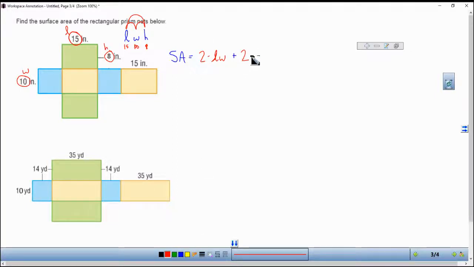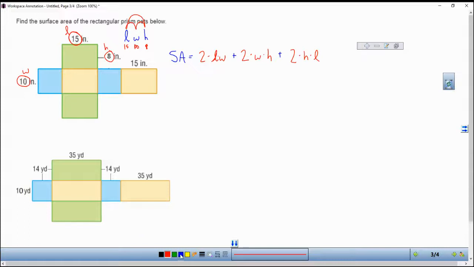We have 2 of those as well. 2 times W times H. Plus, what's the last bump? Height times length. 2 times height times the length. So there's our formula, and we got it by using the bumps, making sure that each bump was multiplied by 2, because there's 2 of each type of side. There's 2 greens, 2 yellows, 2 blues.